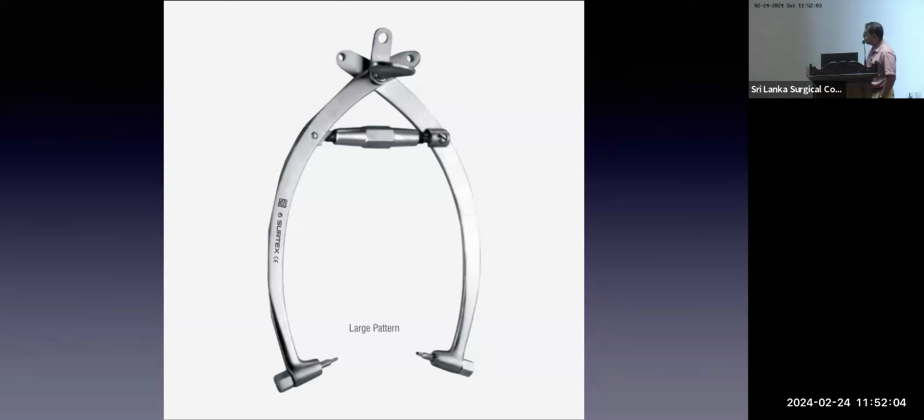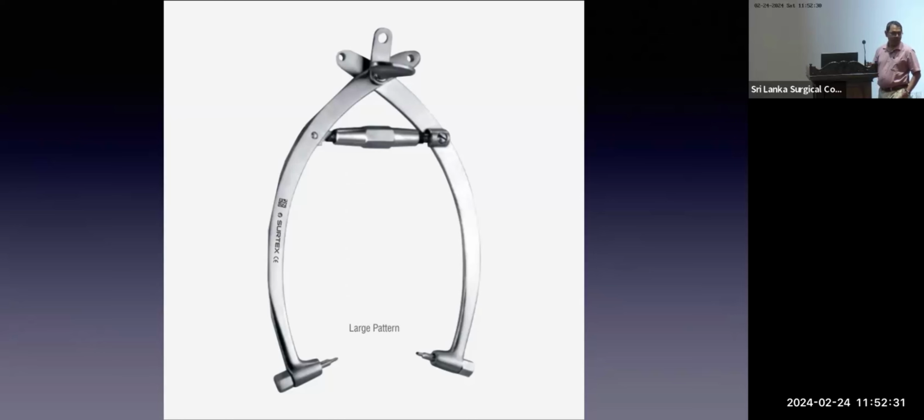Right. So has anybody seen this? Everybody? No? What is this? No? What is it? It's a skull caliper. When do we use a skull caliper?